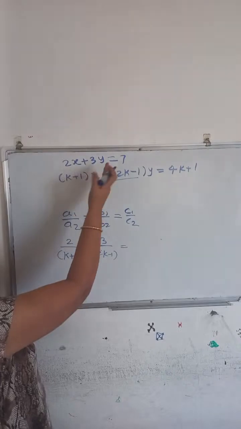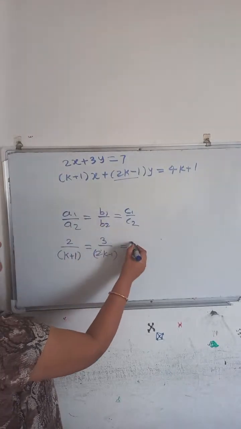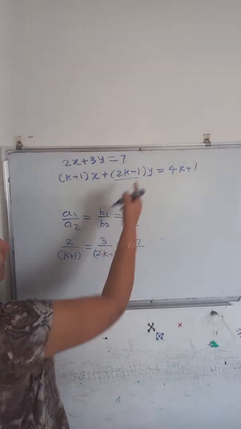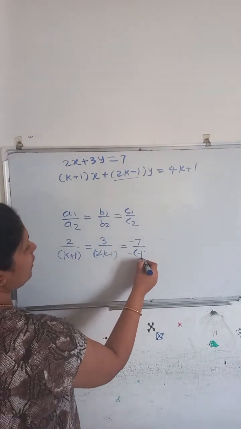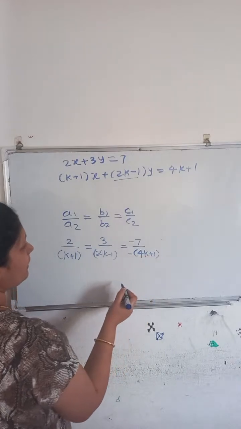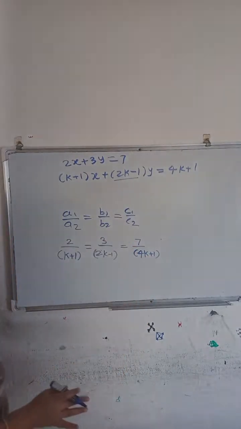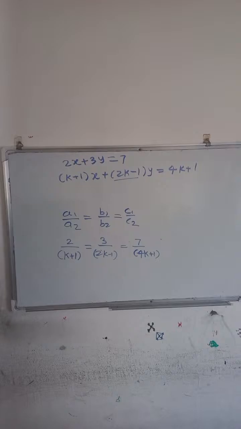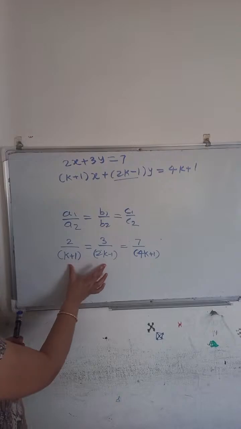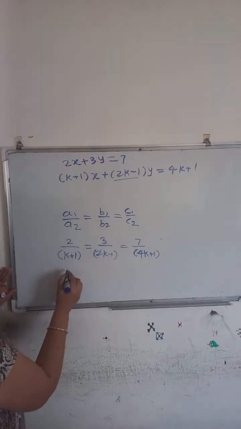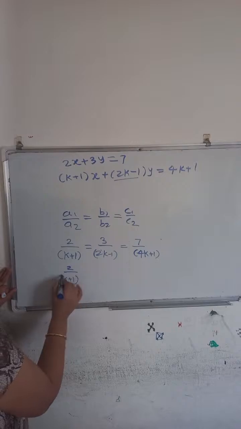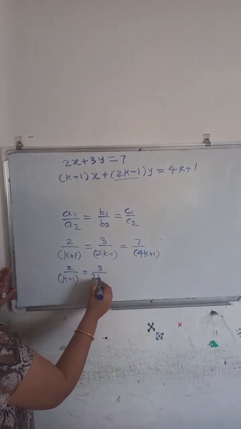C1 is 7 but we are taking it to this side according to the standard equation, so it will become minus 7, and this will be minus of 4k plus 1. Minus and minus signs get cancelled. At the beginning I am writing it, but once we are thorough in this chapter I will ignore that sign. Now we have to find the value of k. Here you can take any two values. 2 by k plus 1 is equal to 3 upon 2k minus 1.